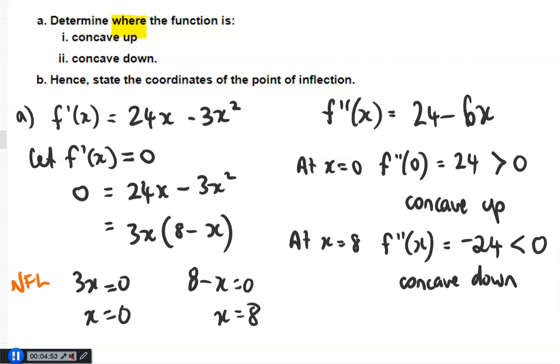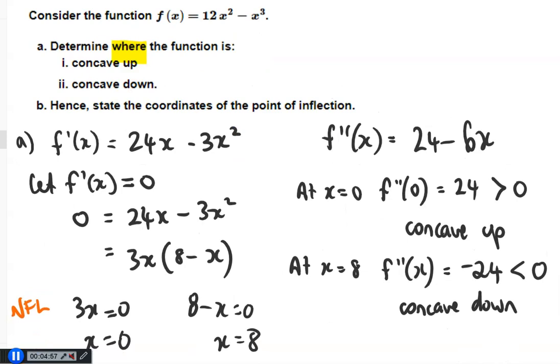Now, if you'd used the first derivative test to solve that problem, in this particular question, you'd be okay, because it didn't tell you to use the second derivative test. In your exam, hint, hint, hint, for IA3, your Unit 4 exam, there is a question that says, use the second derivative test to find the stationary points and points of inflection of this function.